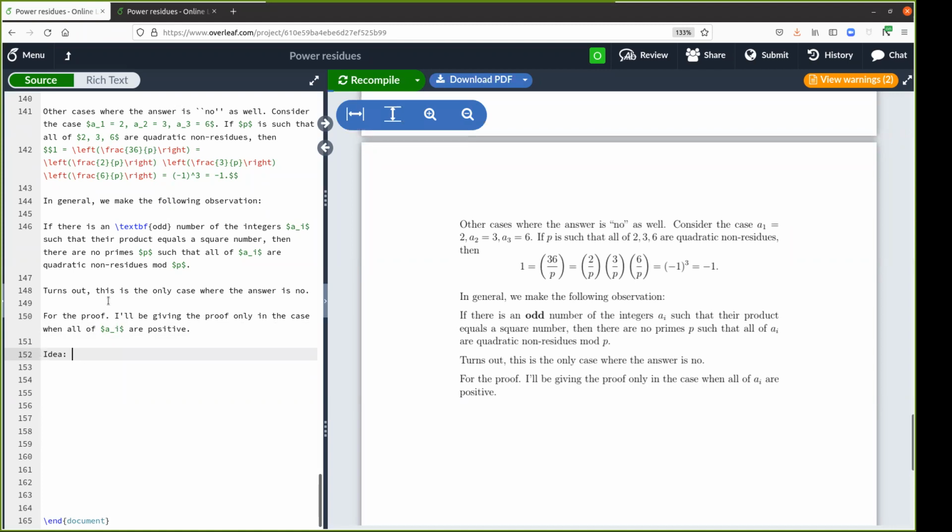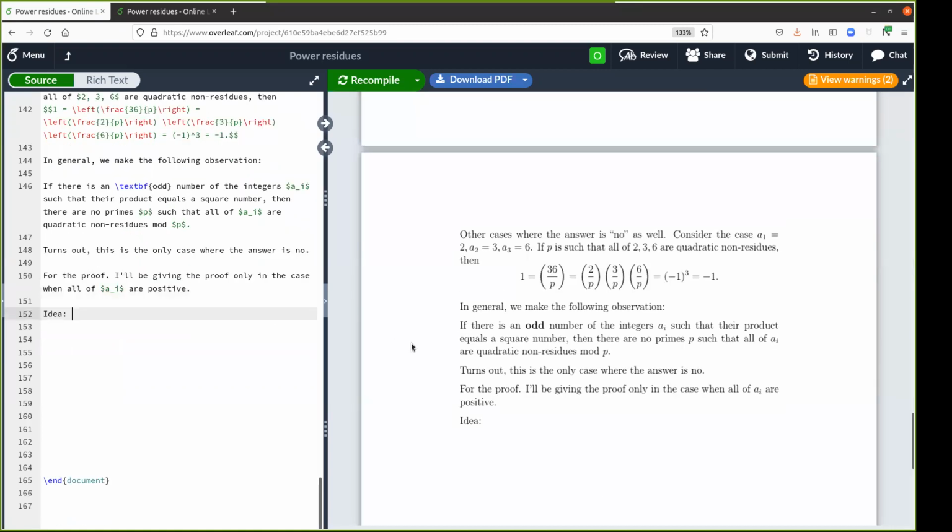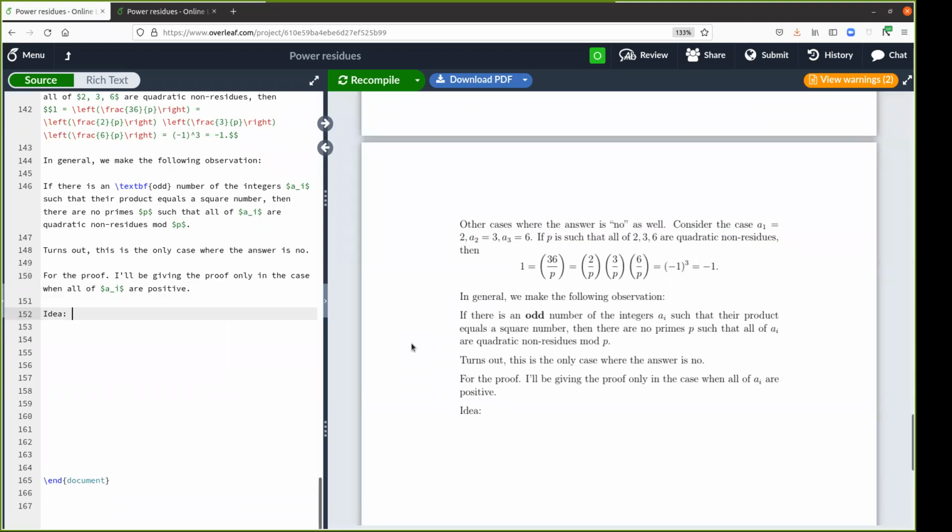The main idea is, well, to first use the ideas we gave earlier on.